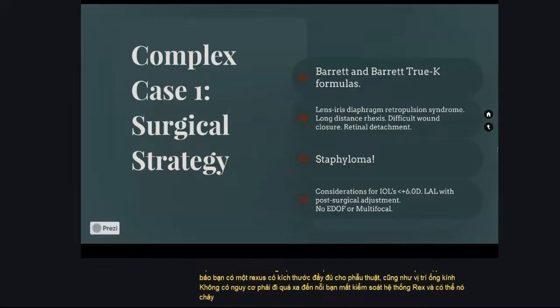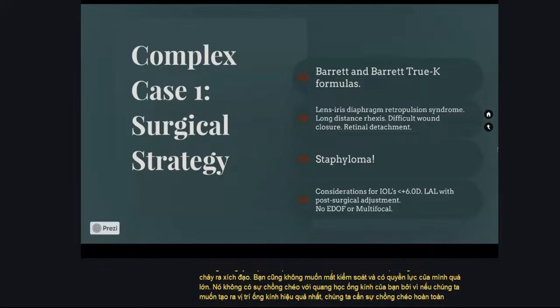You also don't want to lose control and have your rhexis be so large that it has no overlap with your lens optic. Because if we want to create the best effective lens position, we want a full overlap of the capsular rhexis with the optic of the lens.